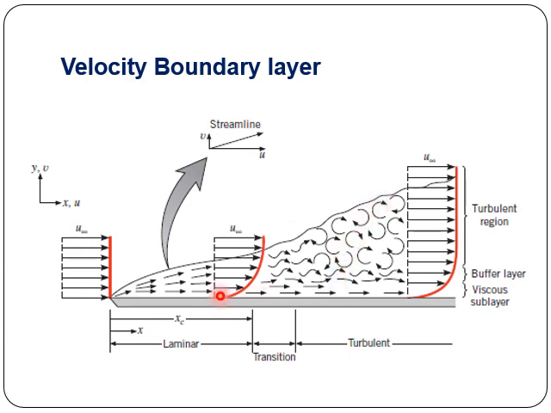But you have a region which is called the viscous sublayer, where the flow is maintained. So that region is called a viscous sublayer, where you have the velocity of the fluid.